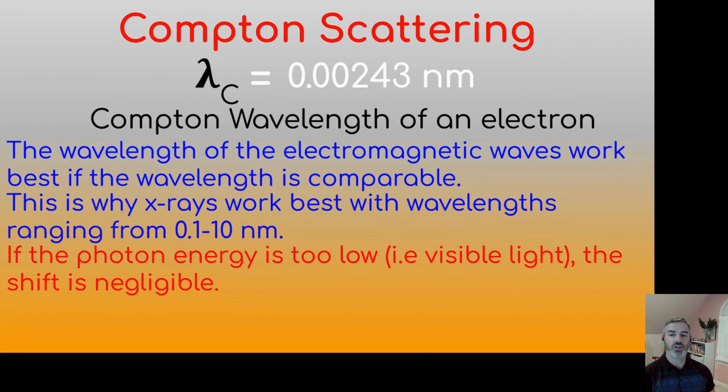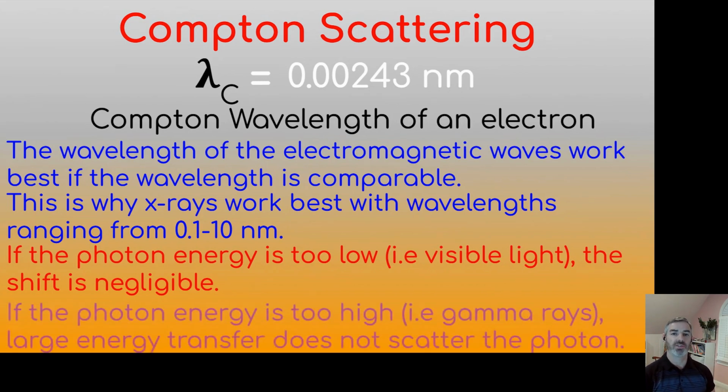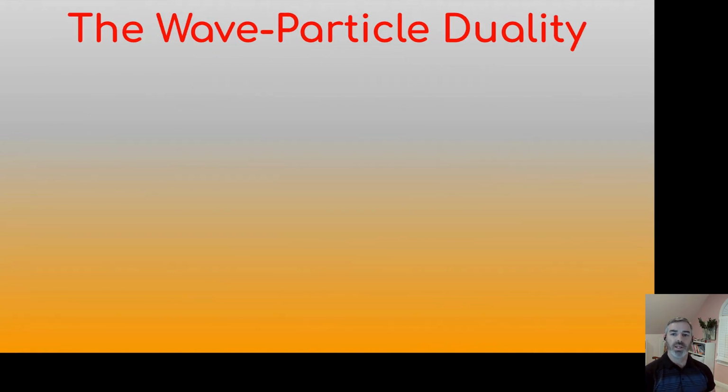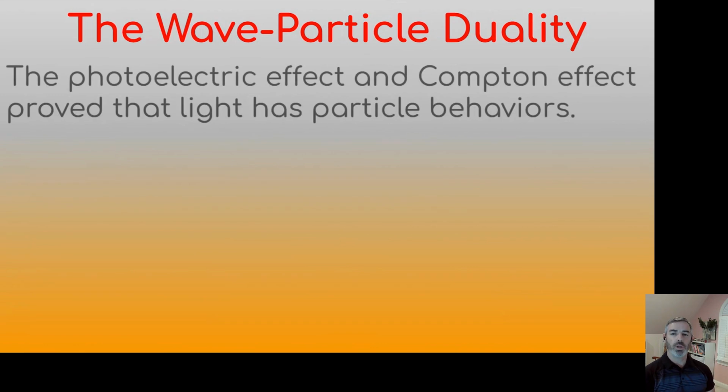And if the energy is too large, for example, gamma rays, then the energy transfer does not scatter the photon. What happens is the photon is actually absorbed into the electron, transferring all of its energy to the electron, so there's no scattering.